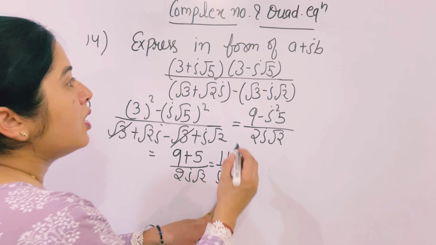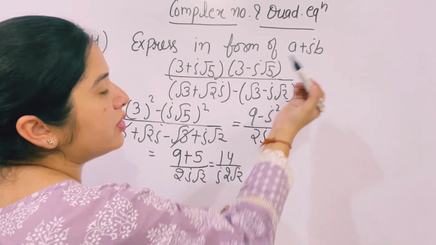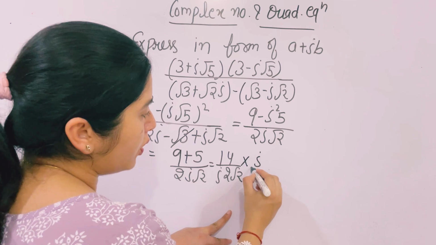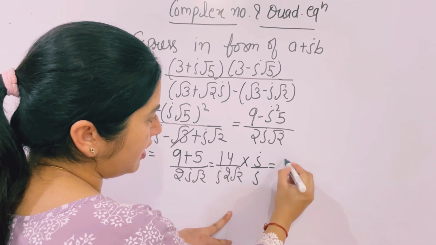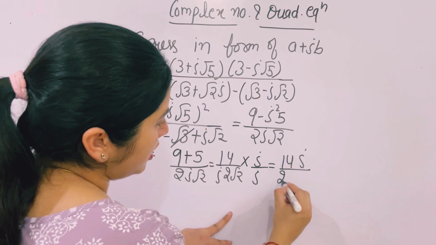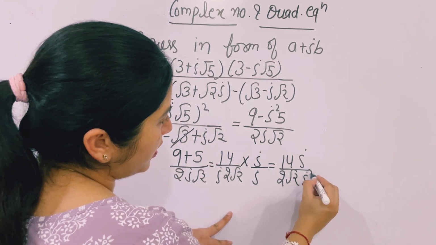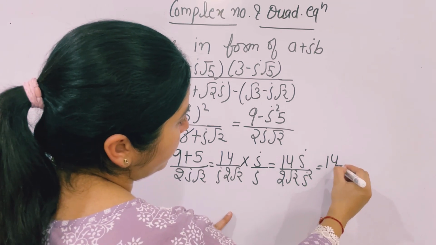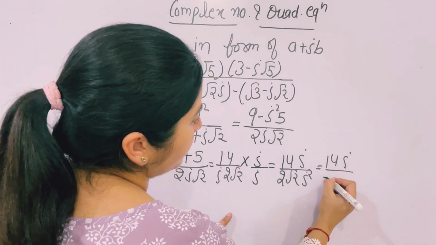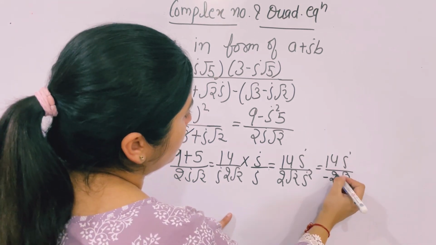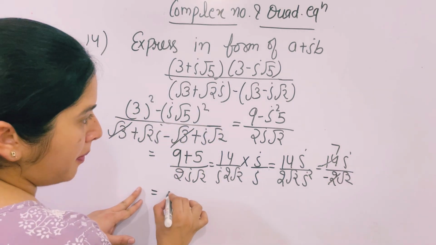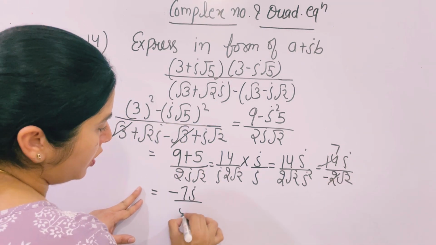Now because we have to change it into the form of a plus iota b, we will multiply it with iota in numerator and denominator. It becomes 14 iota and 2 root 2 iota square. So this will be 14 iota upon, iota square is minus 1, minus 2 root 2, cancel it out, minus 7 iota upon root 2.